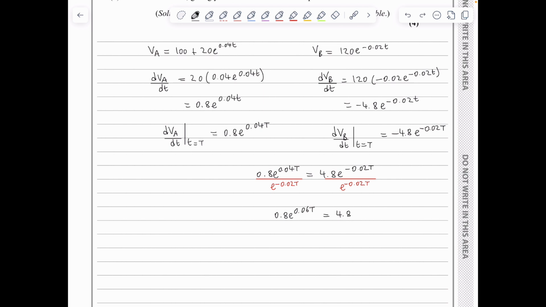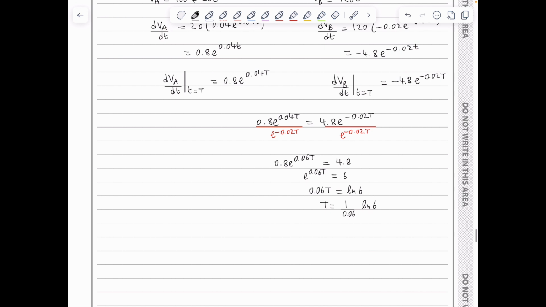And I will divide both sides by 0.8 to arrive at e^(0.06T) being equal to 6. And then if I take a ln of both sides, we get 0.06T is equal to ln 6. And therefore T is 1 over 0.06 times ln 6. If we plug this in the calculator, we get T is 29.9.